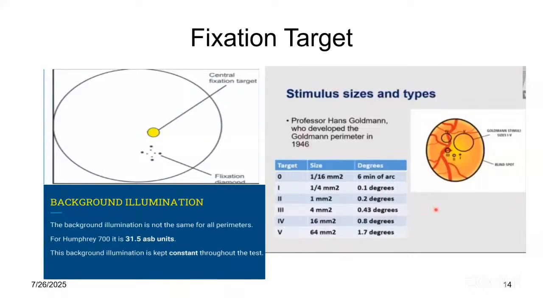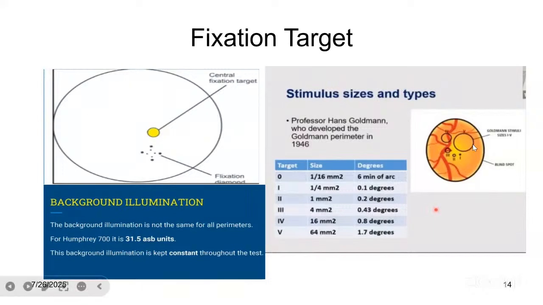Okay, so for the stimulus size, there are different types of size and different sizes that can be used. This was actually developed by Professor Franz Goldman, and it gives target sizes from 0 to 5. The most widely used is size 3, which is about 4 millimeter square.